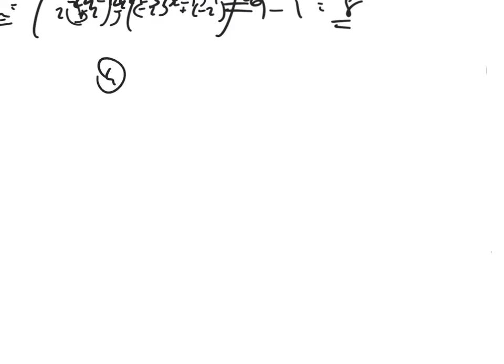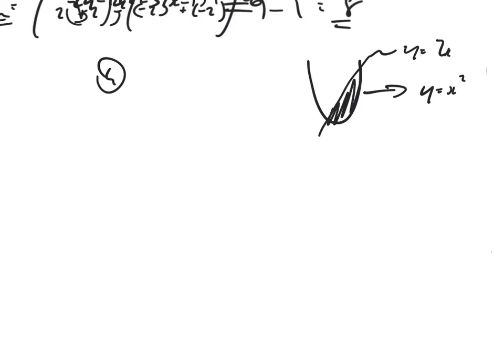Okay, question 4, we're calculating the area between the parabola and the straight line. Okay, the parabola was given by y equals x squared, and the straight line is y equals 2x. Okay, so it's going to be upper minus lower, so the upper function is the straight line and the lower function is the parabola.